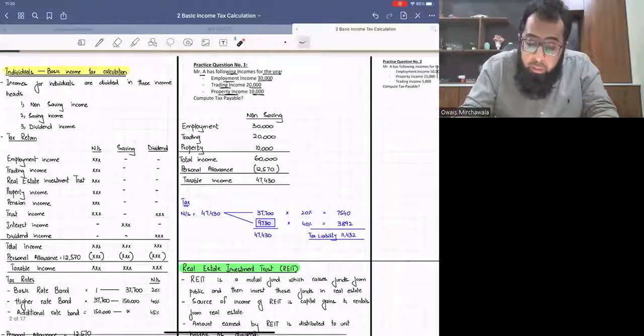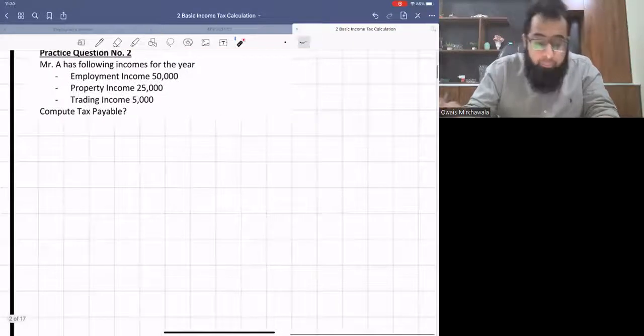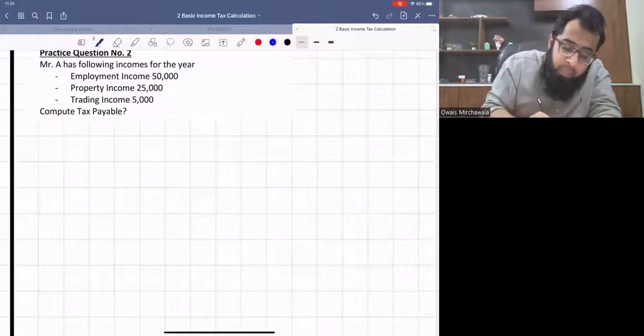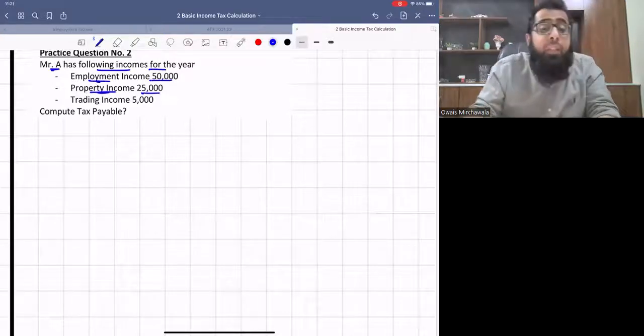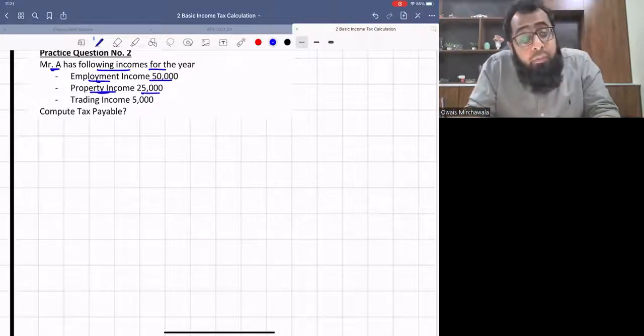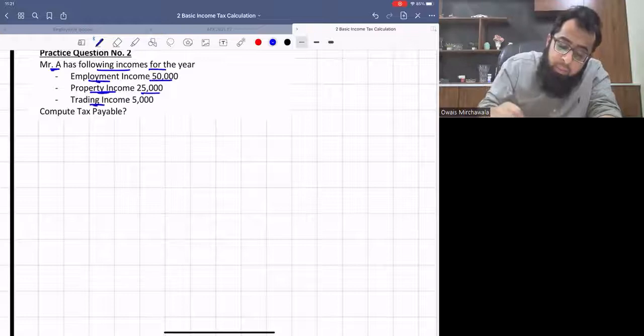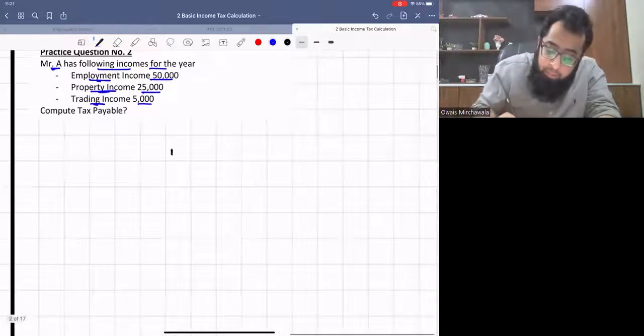Okay, let's look at one more practice question. Mr. A has following incomes. Employment income is 50,000, property income is 25,000, and trading income is 5,000.